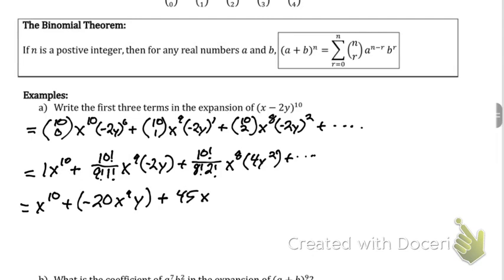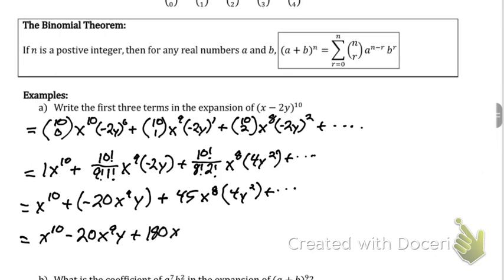So I have 45x to the 8th, and then we have that 4y squared, plus dot, dot, dot. So our end result is x to the 10th minus 20x to the 9th y plus 4 times 45, 90, 180 x to the 8th y squared, dot, dot, dot.